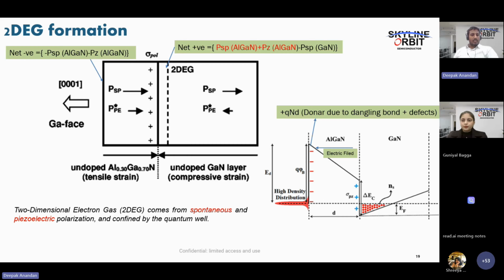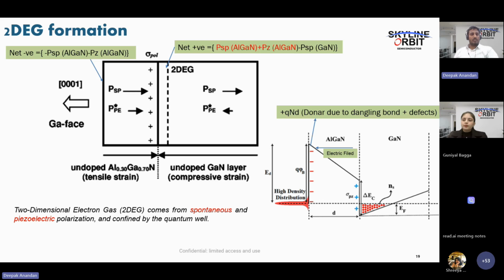So basically the interface top surface will have huge defect centers, something like unsaturated dangling bonds. Those defect centers have high electrons in the top surface. When you have the positive and negative polarization, the electric field will be in this direction.